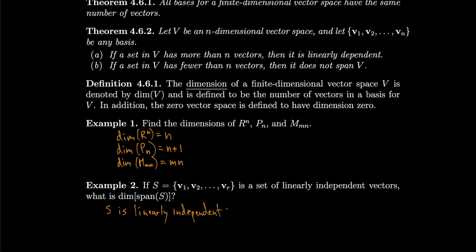So that implies that S must be a basis for the span of S. Because S obviously spans the span of S, and S is linearly independent. Great, so that means that the dimension of the span must be the number of vectors in the basis, which is just r, because there's r of these guys.